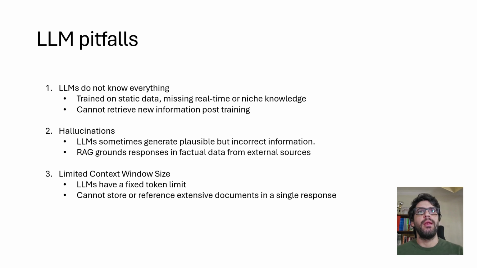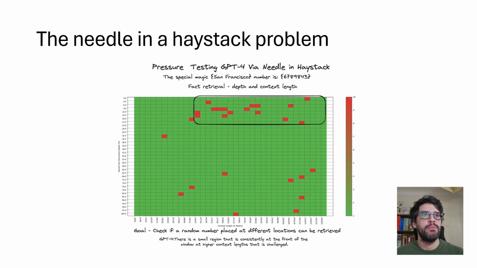Let me go even a little bit more in detail about this context length. There is this very important test, which is the needle in a haystack. You basically place a needle, or a piece of random information that is not even related to the underlying text, and you hide that information somewhere in the prompt in different places. And you send several prompts with different sizes.